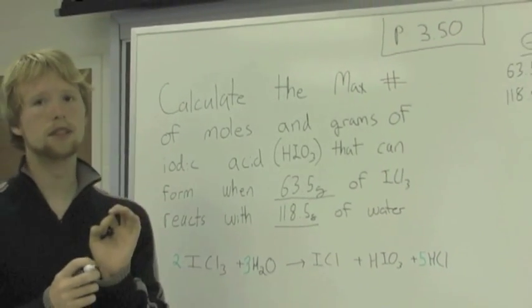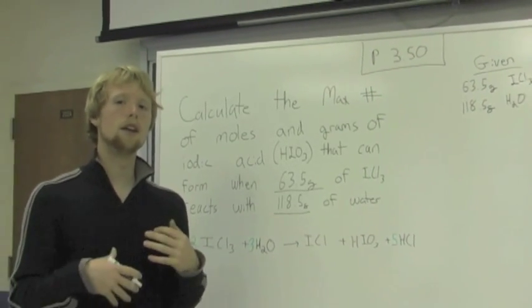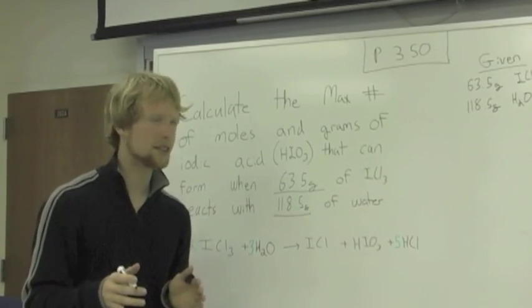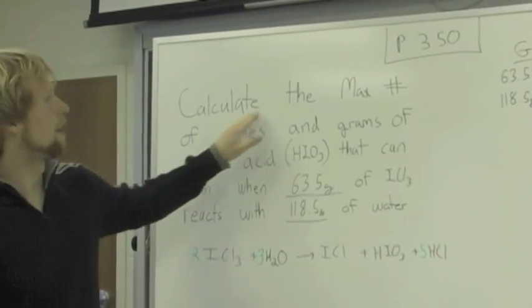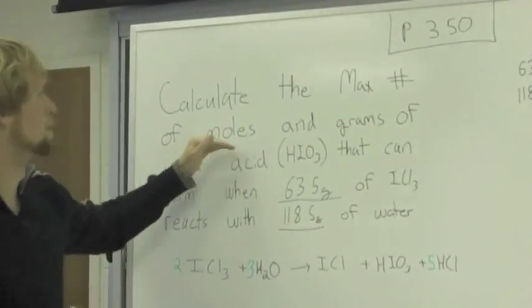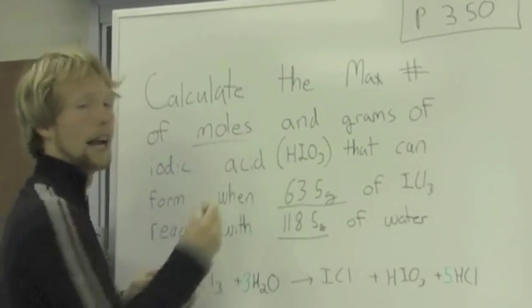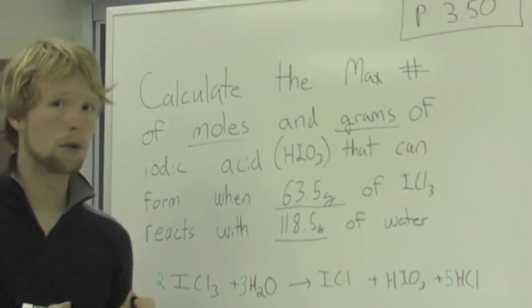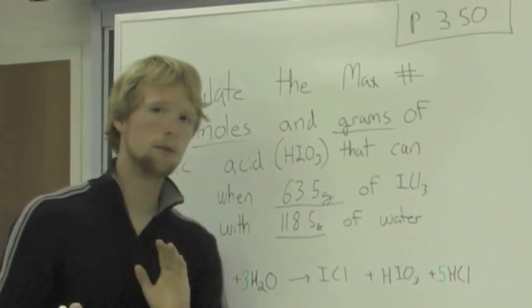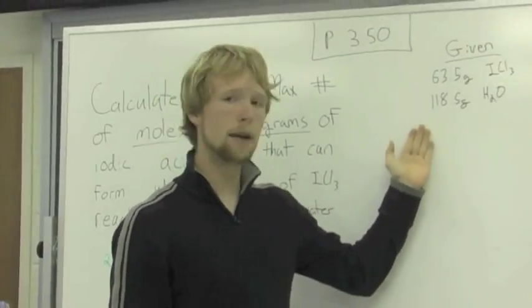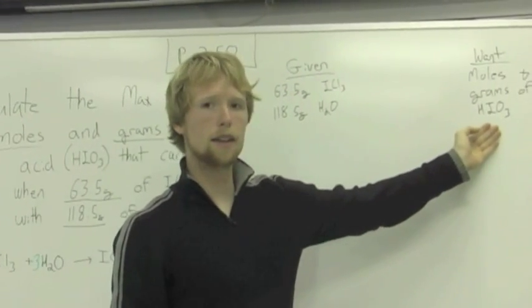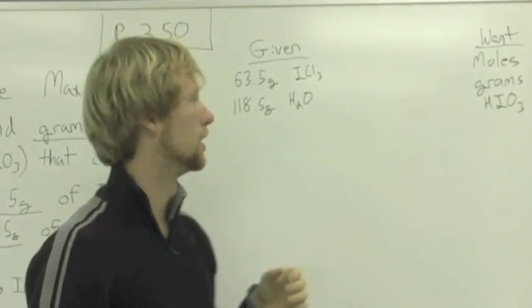The next thing that's really good to identify is what you want. What you want is the answer. So what's the answer in this problem? Calculate the max number of moles and grams of iodic acid. So that's what we want to go after. I normally like to separate what we've been given and what we want into 2 categories.